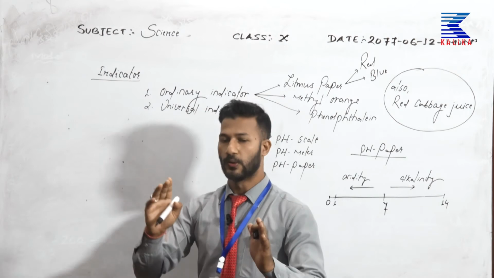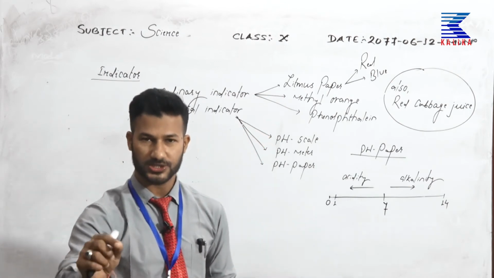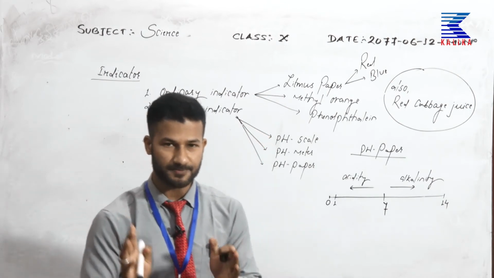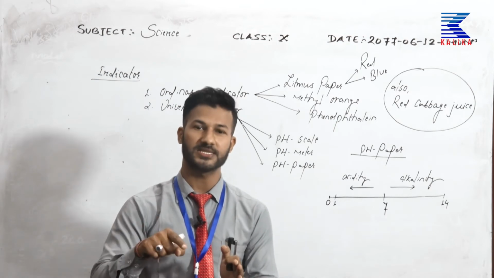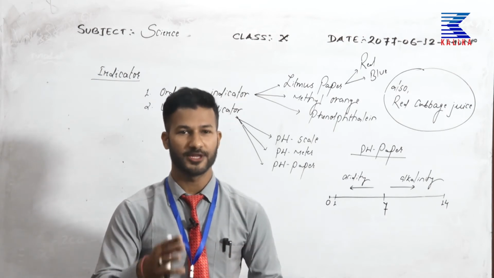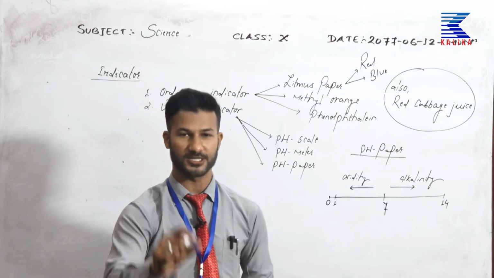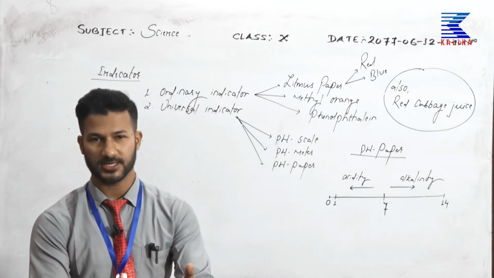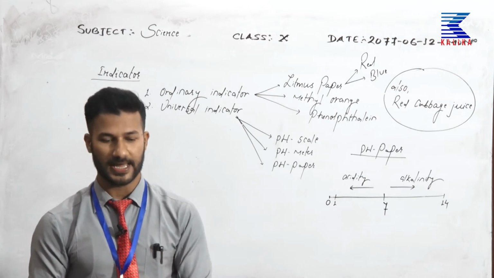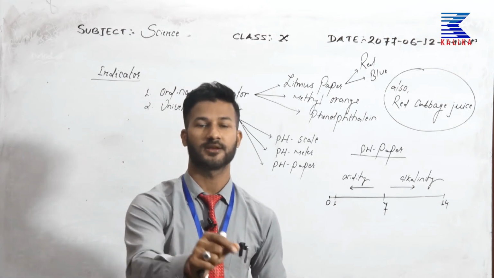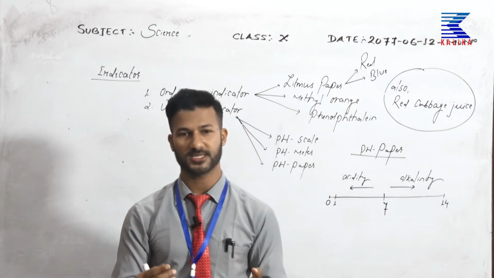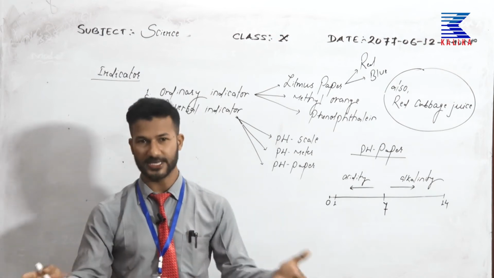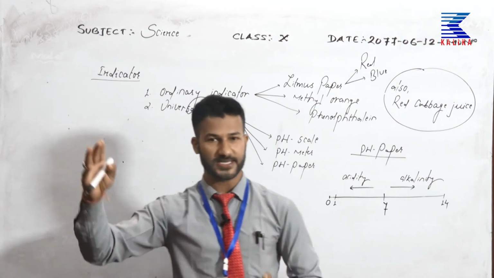When the given salt is treated with red litmus paper, if it changes it into blue color, then you must consider the given salt is basic salt. If you find the salt bringing a change like methyl orange converting into red color, then you must conclude the given salt is acidic salt, because the property is quite similar to acid.